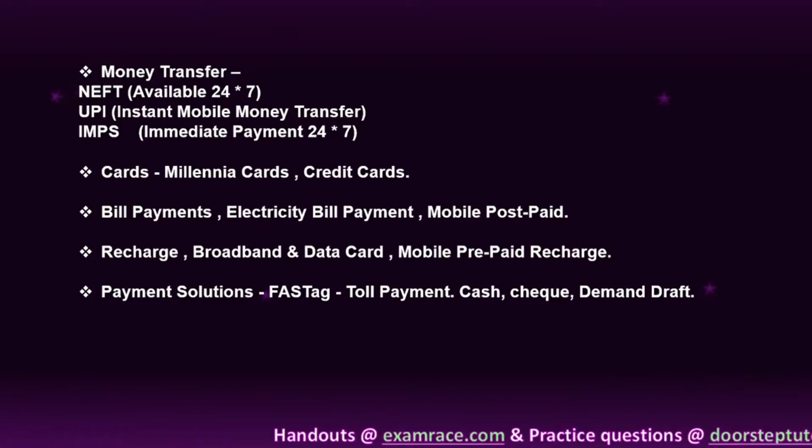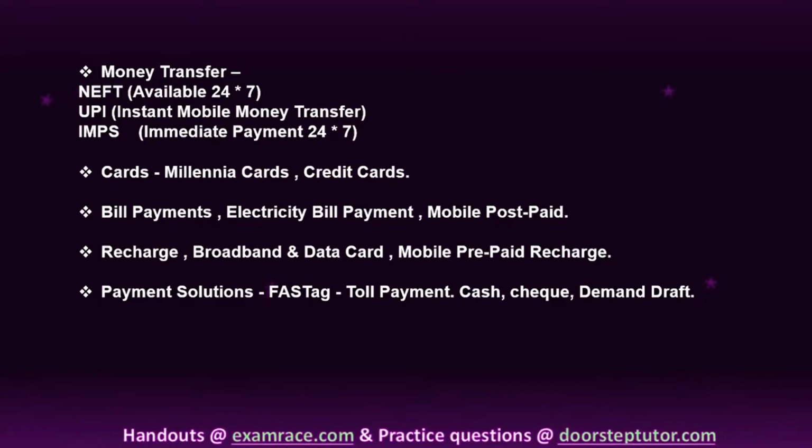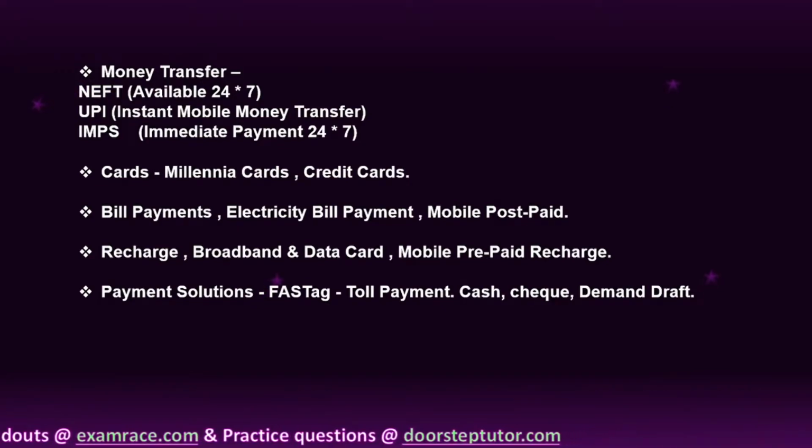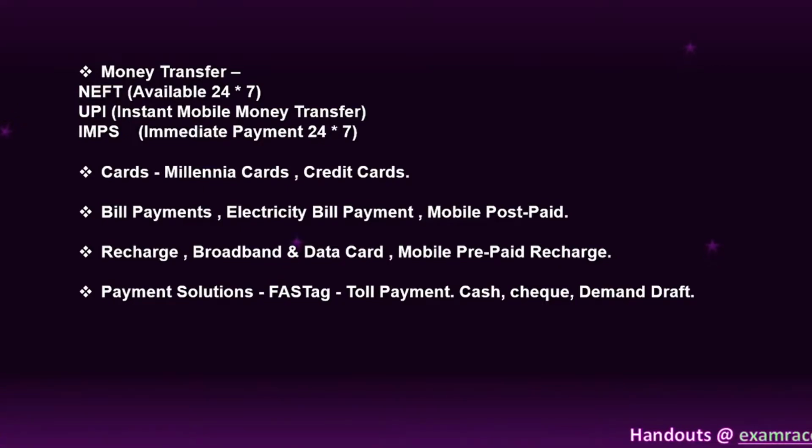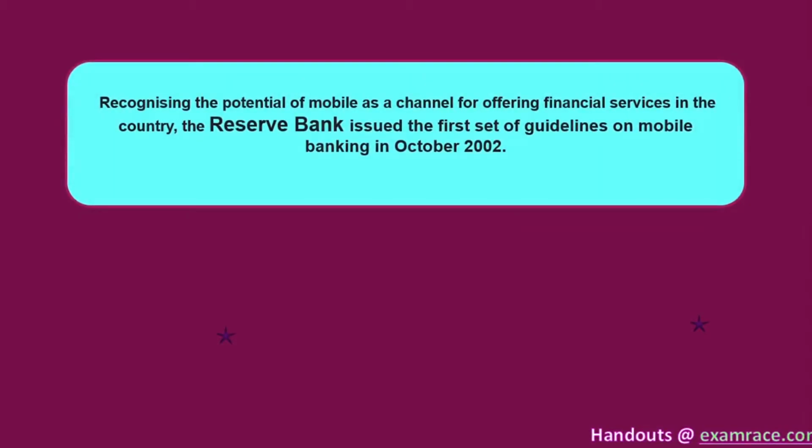Bill payments, such as electricity bill payment, mobile postpaid and many other recharges and payments, you can do using the banking app. Next we have recharge; you can do any type of recharge: broadband, data, mobile prepaid, anything. Payment solutions like FASTag, toll payment, cash, check or demand draft. These were a few common usages of mobile banking services.